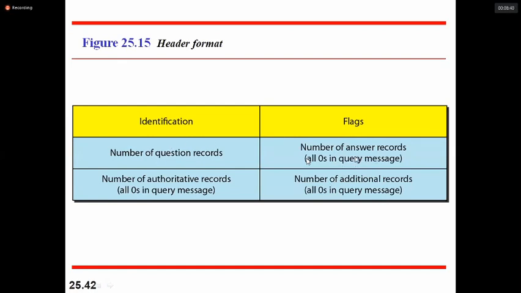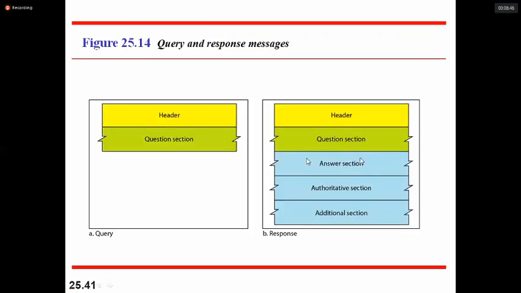Very simple. Answer records is once again a subfield used in the response section. Remember, in the response section we have both the question section as well as the answer section. By this time, you know what the question section does.